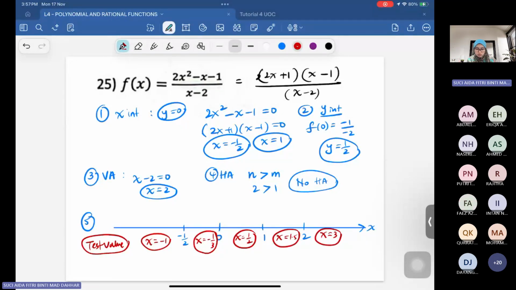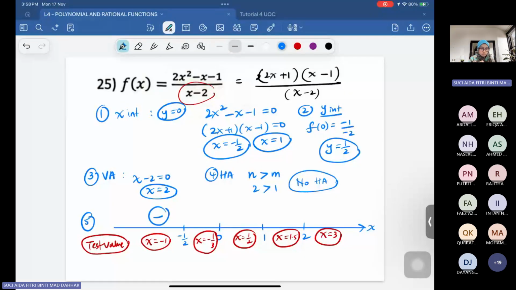Now very quickly, press your calculator. 2x squared minus x minus 1 on the top, divided by x minus 2 in the bottom. Calculate and then get the sign. X equals to negative 1 gives me negative.